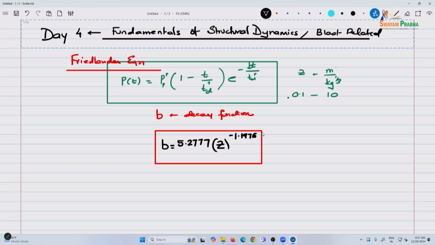So this is one example of a decay function.